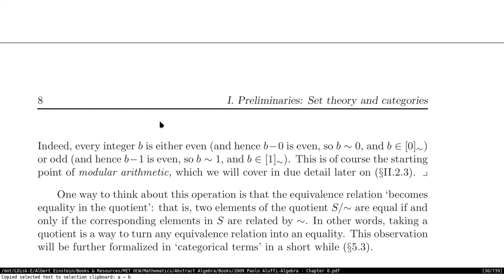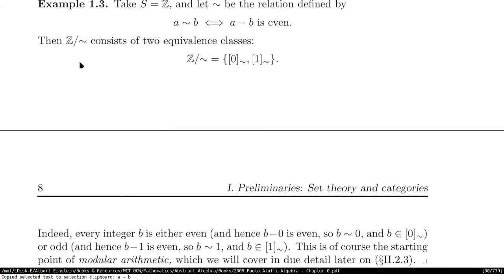So that's how the quotient space of the integers with this relation is just this, right?